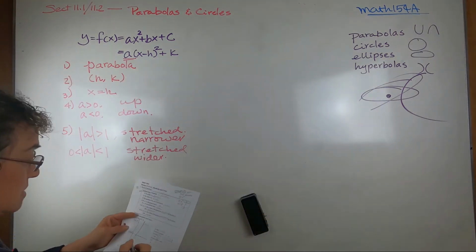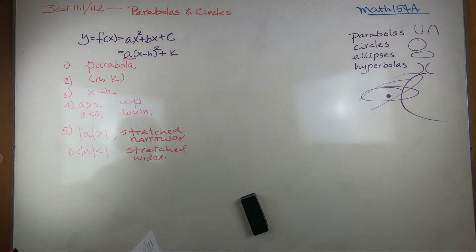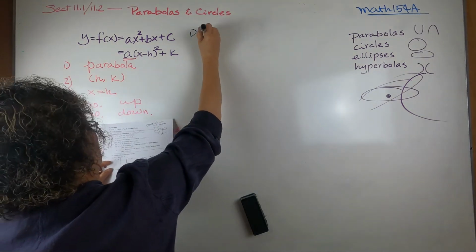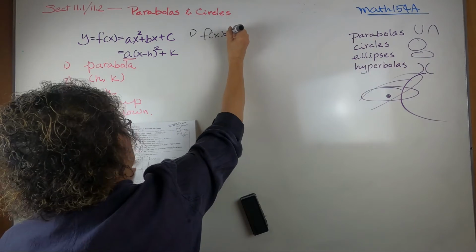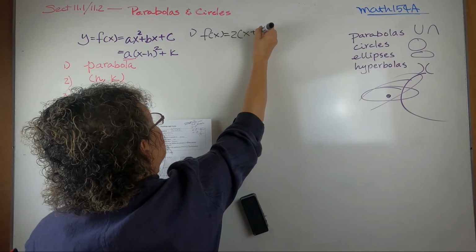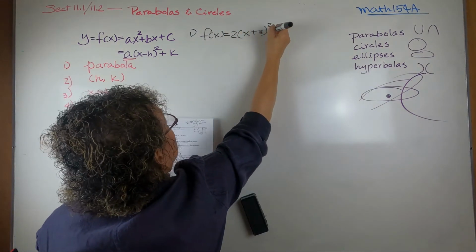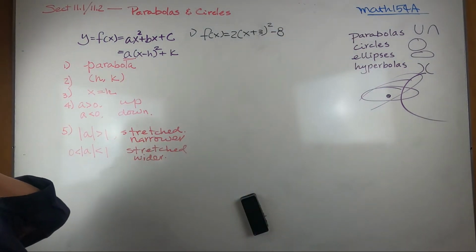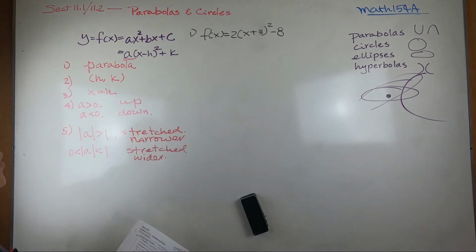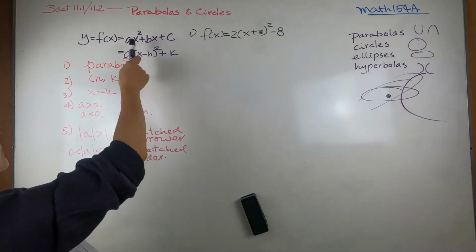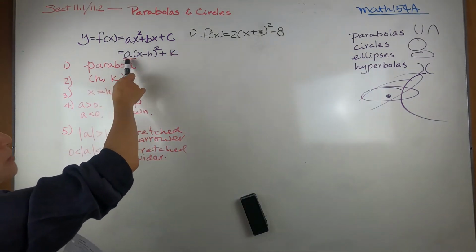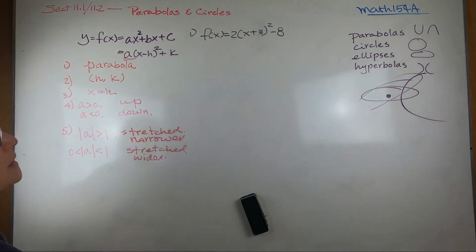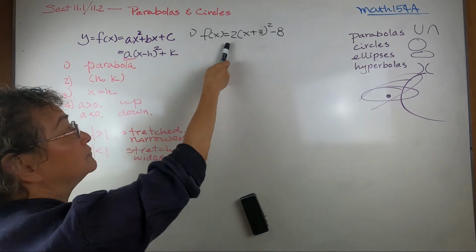Okay, so you have done this many times. Look at the first one. If you have f of x equals (x plus 3) squared minus 8, right? So do we have a quadratic function, right? And what kind of form do we have?